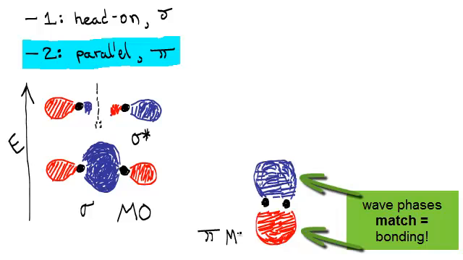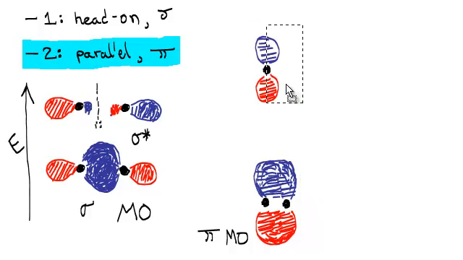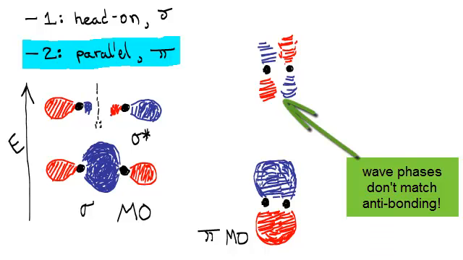We have a destructive interaction that makes pi star, and of course the electrons end up in the pi MO, and the pi star MO remains empty.